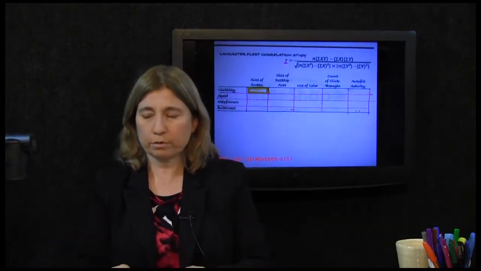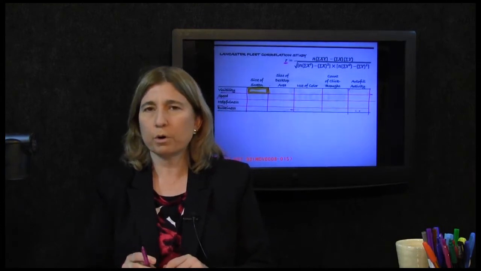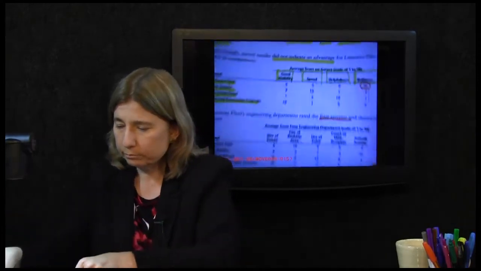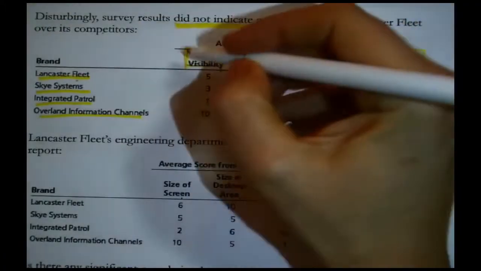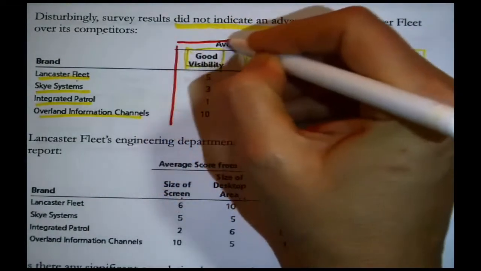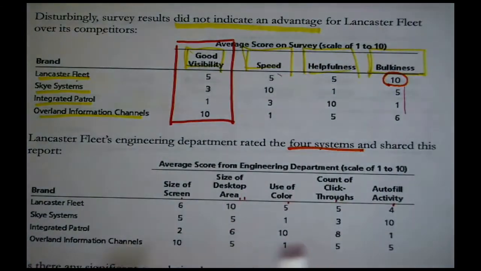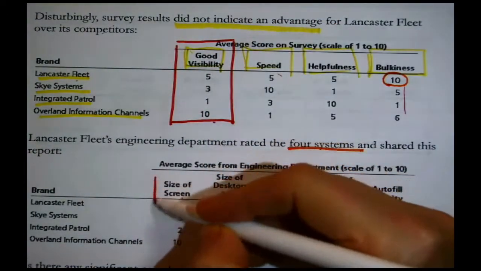Now, you're looking at the formula and thinking, okay, fine, but what is x and what is y? Actually, in this particular setting, you could take your pick. We know that to work on that upper left-hand corner, we need the data for good visibility, and we need the data for size of screen.